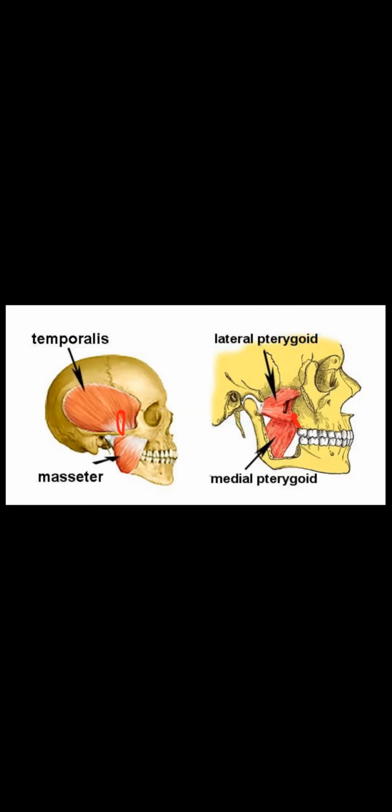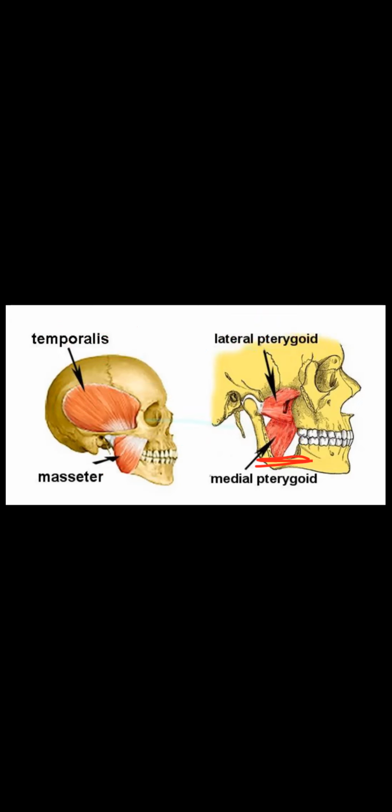Another action, all cause protrusion of the mandible except temporalis, which causes retraction of the mandible. So all cause elevation except lateral pterygoid lowering, while all protrusion except temporalis retraction. This is the action of muscles of mastication.